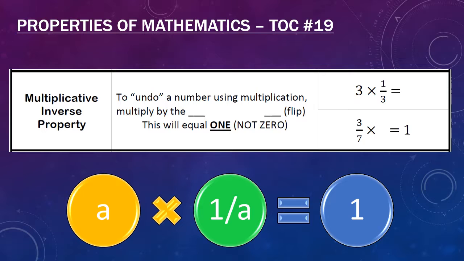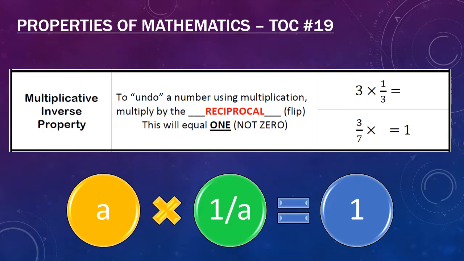But if you think about when we did fractions and we multiplied and divided fractions, we used something called the reciprocal, and we talked about how we multiplied by the flip. That is the multiplicative inverse. So to undo multiplication, you actually divide.